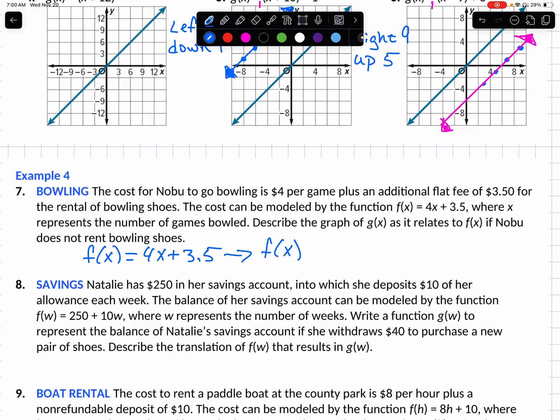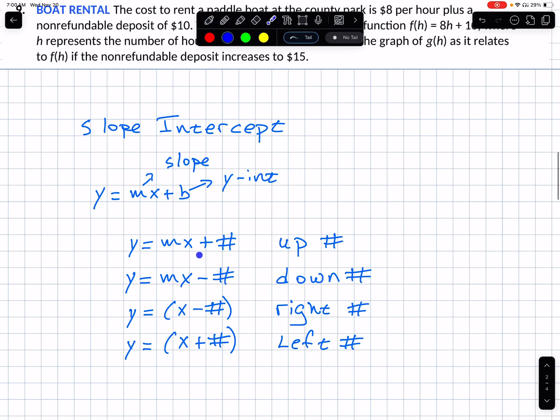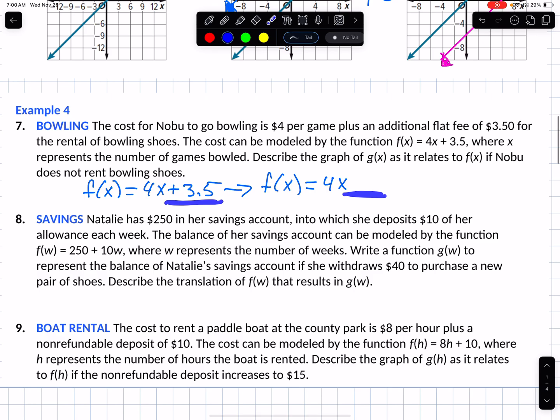So our new f of x function is just going to be 4x. So what's the difference here? There's no 3.5 and there's a plus 3.5. Remember our rule, if it's plus after, it's going to move up whatever that number is. Okay, so the answer they're looking for here, so describe the graph of g of x. I should change that to g of x.